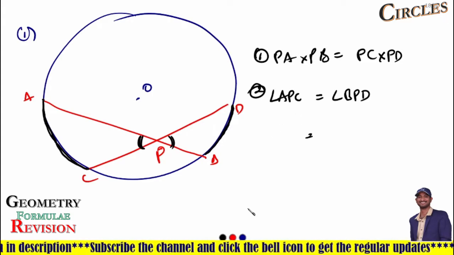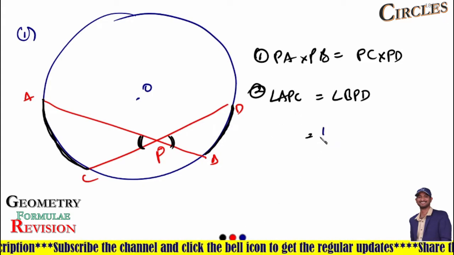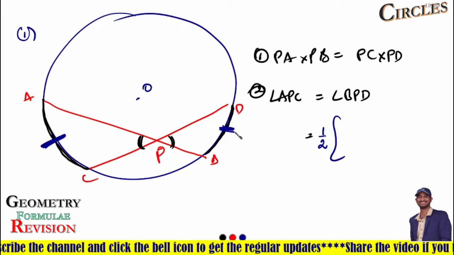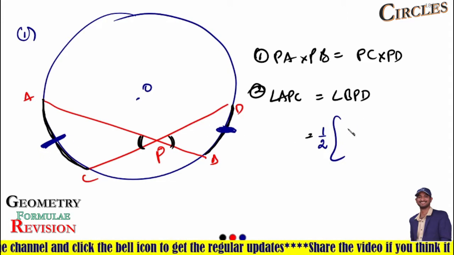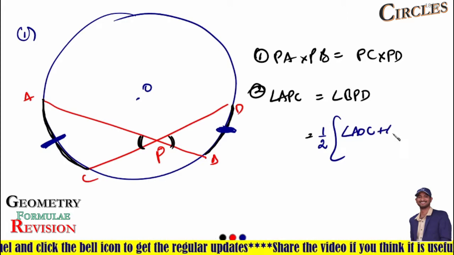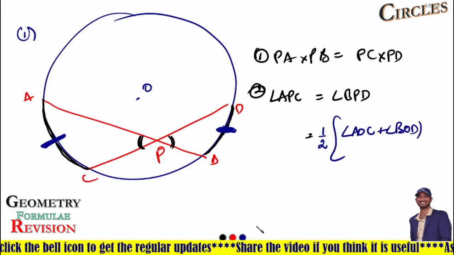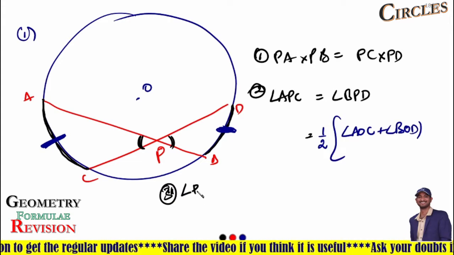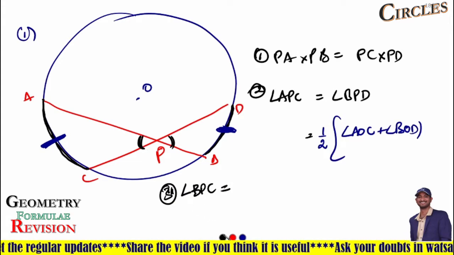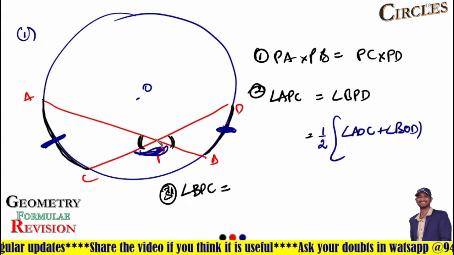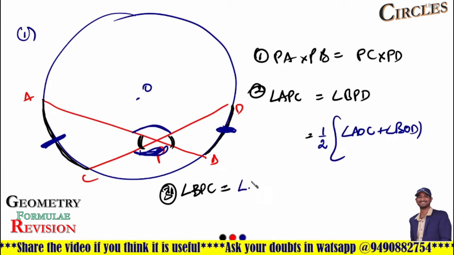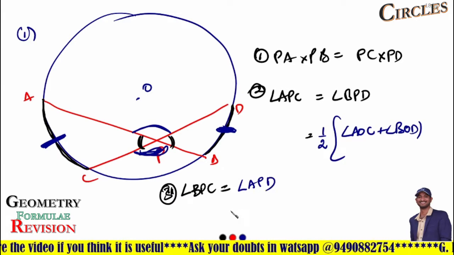Which is equal to half of the central angles made by these arcs, that means half of angle AOC plus angle BOD. Suppose I want angle BPC, this angle, which is also equal to this angle APD. Both are vertically opposite angles.